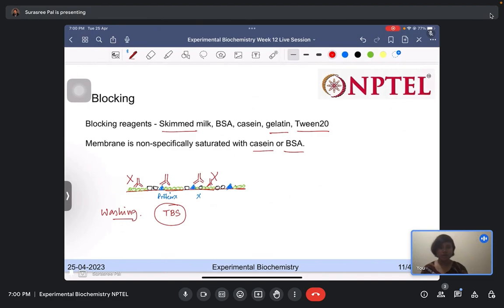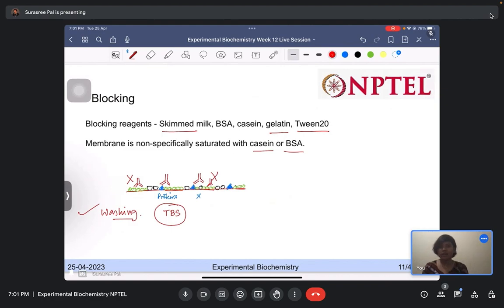The excess blocking reagents should be removed before we treat with antibodies. So this is also very, very important in Western blot. After blocking, after antibody incubation, in various steps, the membrane should be washed properly, otherwise many excess reagents will be present which will hamper the process of visualization, right? So blocking has to be done, and after that washing also has to be done.